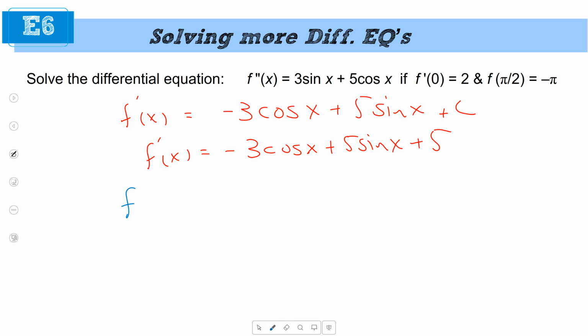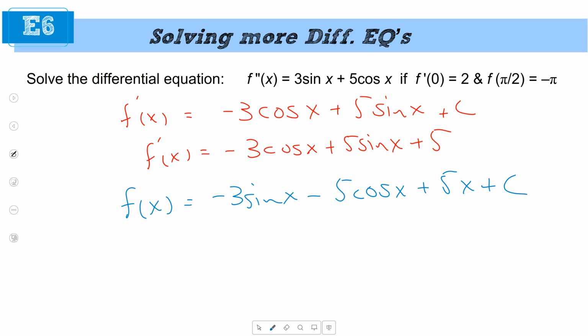What's f of x? Good. So then you plug in pi over 2, again refreshing yourself on the unit circle. The sine of pi over 2 is 1.